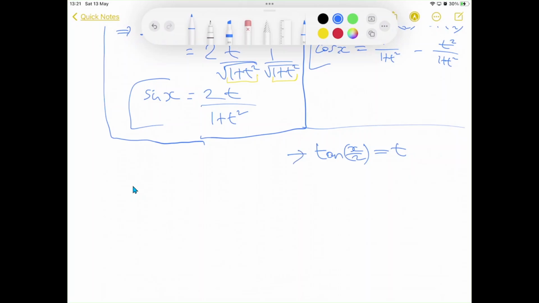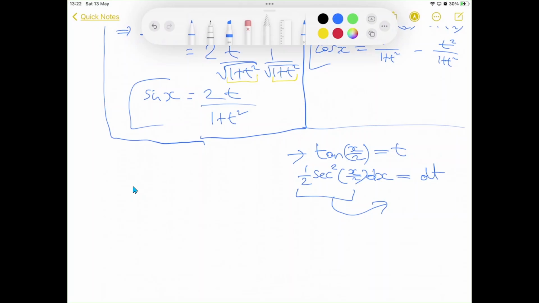So the tangent of x over 2, if you differentiate that implicitly, you get secant squared of x over 2 multiplied by the derivative of the input. The derivative of the input is just a half, so I put half there. And put dx, and we differentiate t, we get dt. And then we can bring the secant squared to the other side, right?